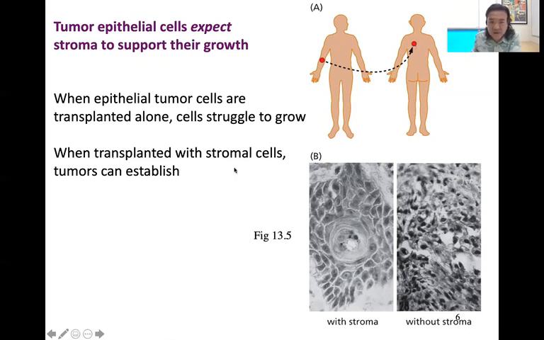However, when some of the stromal cells surrounding the tumor cells were also transplanted with the carcinoma cells, then they saw that tumors would start growing on the patient's back. So here you see, if you transplanted the carcinoma cells with some stroma, you can see they begin to grow and they look like they're actually forming a new sort of tumor at a new site here, right? Without the stroma, the cancer cells are just lost, right? They're really confused. They don't know how to organize, and you don't get a tumor formation.